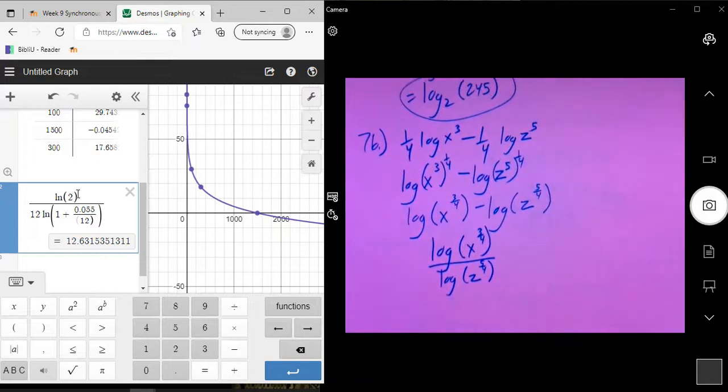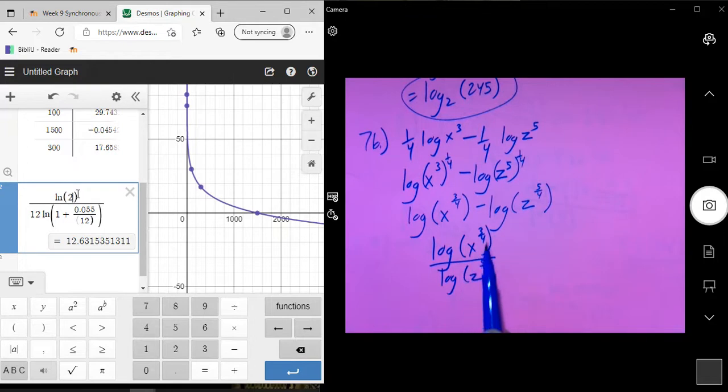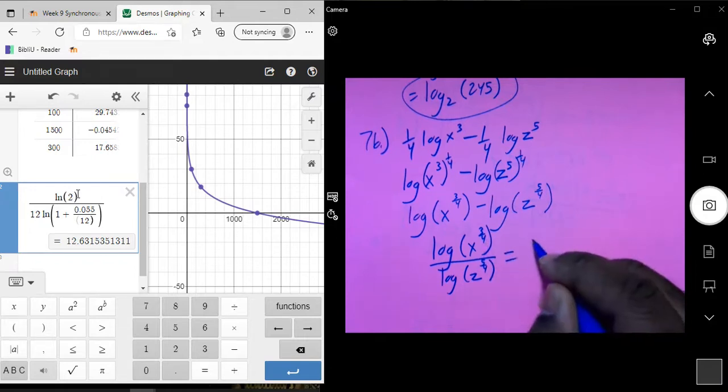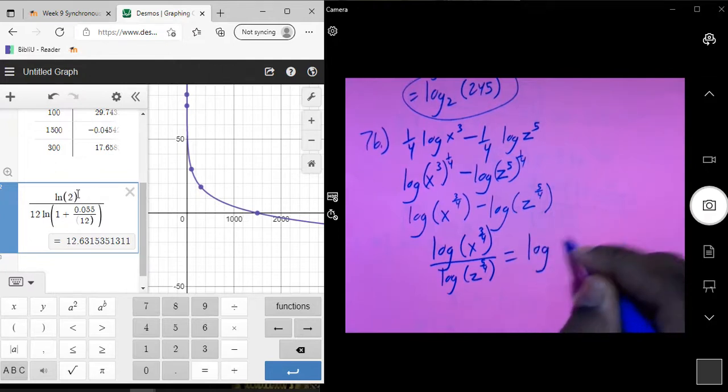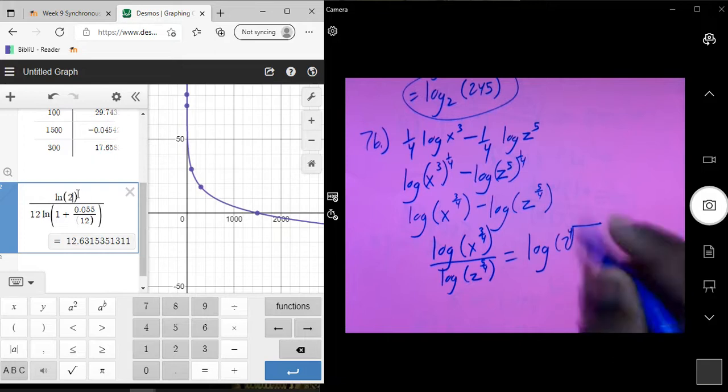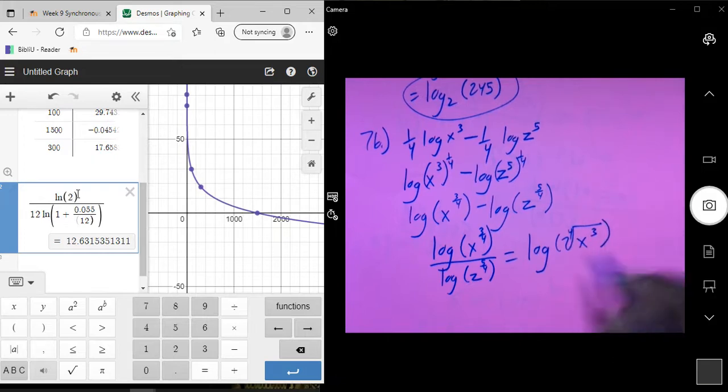Okay, now we have both of these. Now what we could do is this here. Since we're dividing, we know that x and z are not like terms. But if you notice here with their exponents, both of these are taken to the 4th power. So this is the same as taking the log of the 4th root of x to the 3rd power all over log of the 4th root of z to the 5th power.